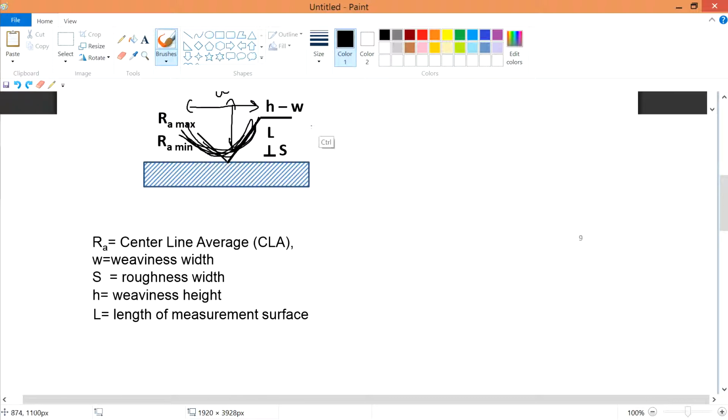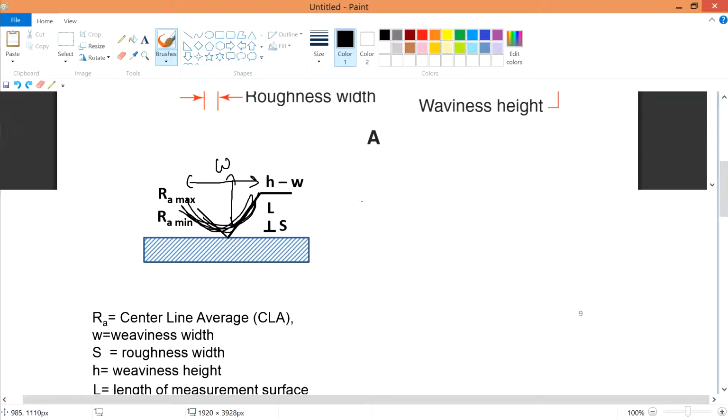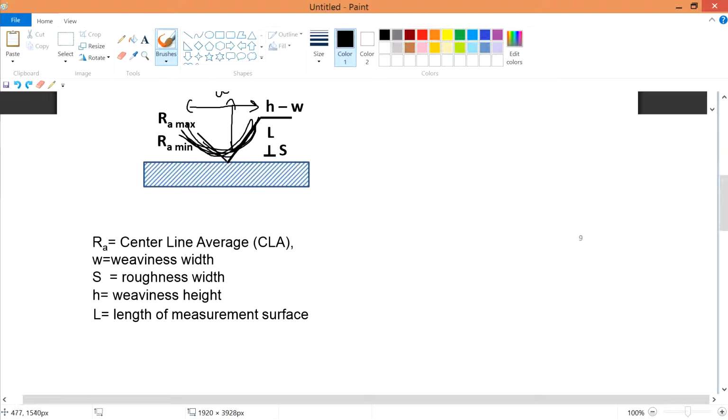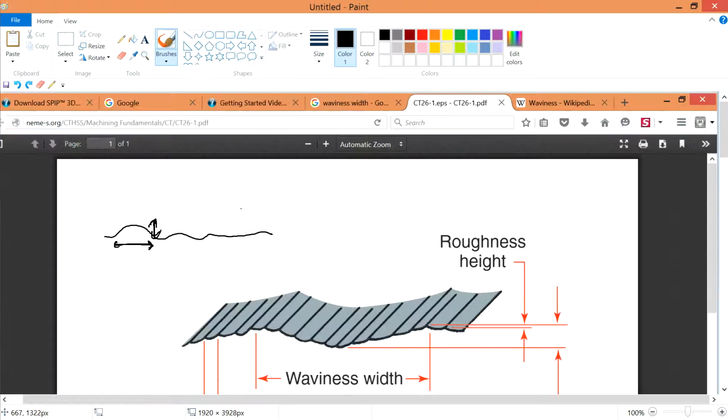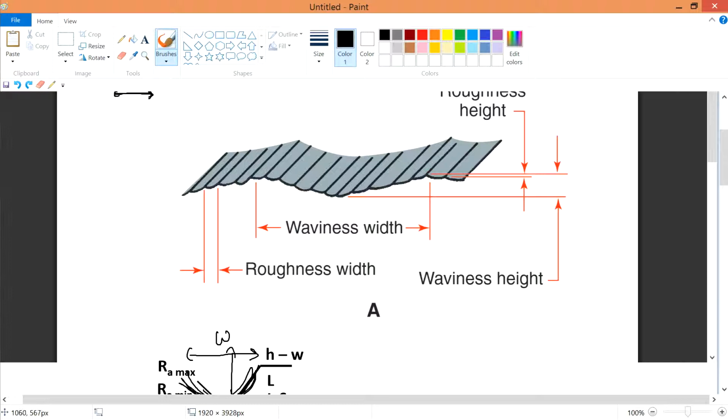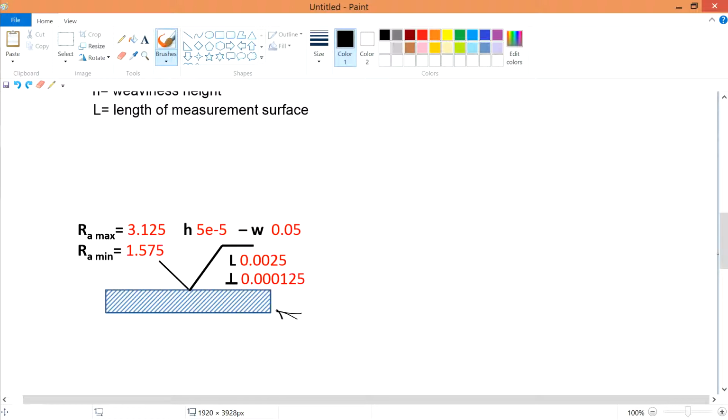I don't know how the equation works, but take note that this is not waviness, this is waviness width. So the calculations are all this.